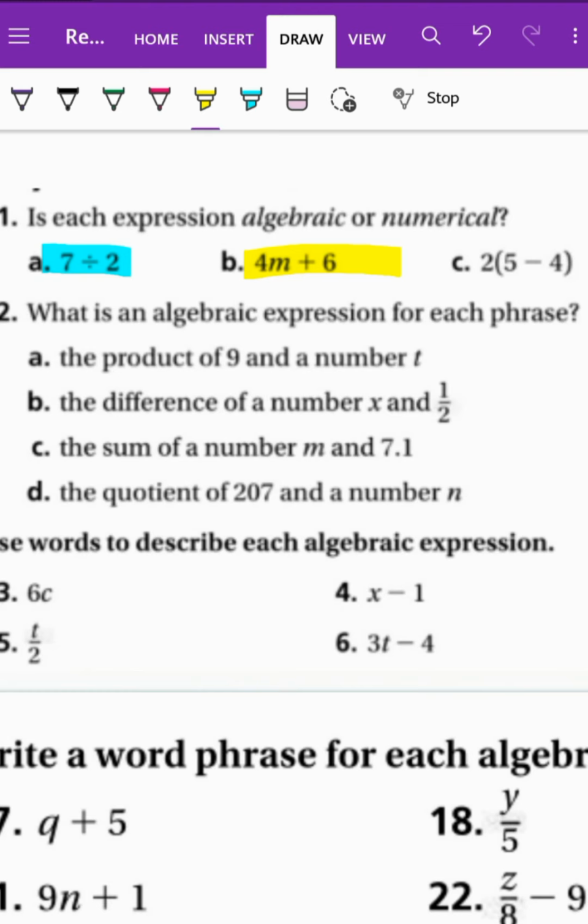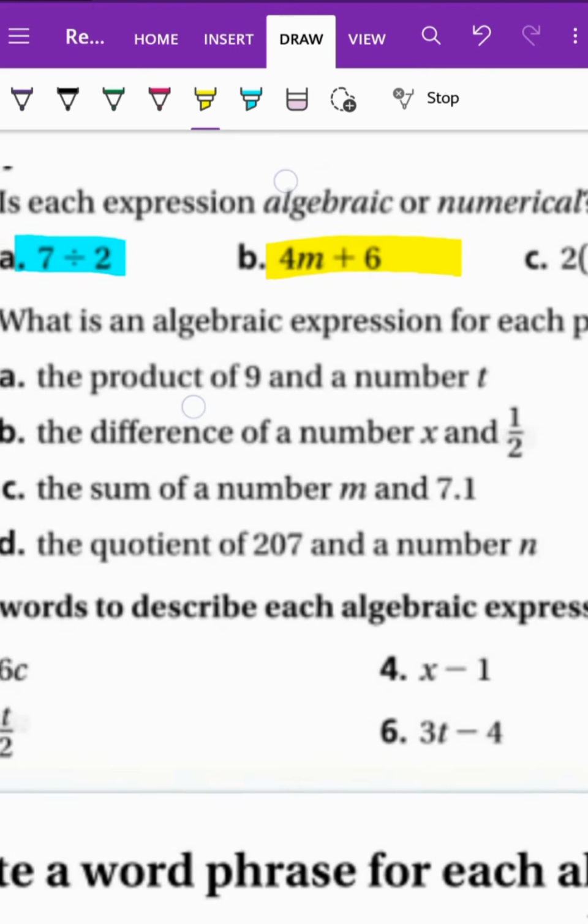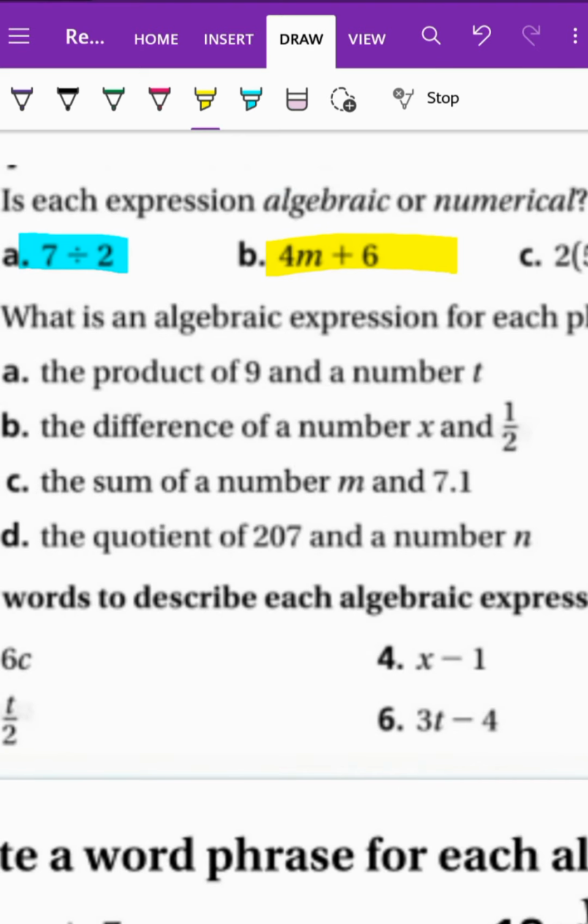A letter or a variable. Now we stop saying letter. We have to say variable. Yes. So because B has 4m plus 6, it has a variable, which is m. We call it algebraic. Regarding A, 7 divided by 2, it is an expression, but it is a numerical expression because it has no variable.